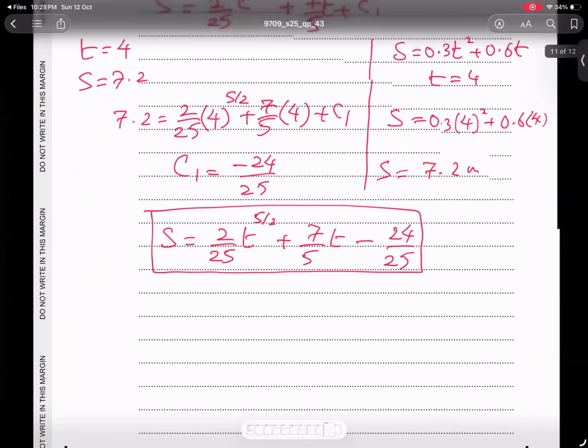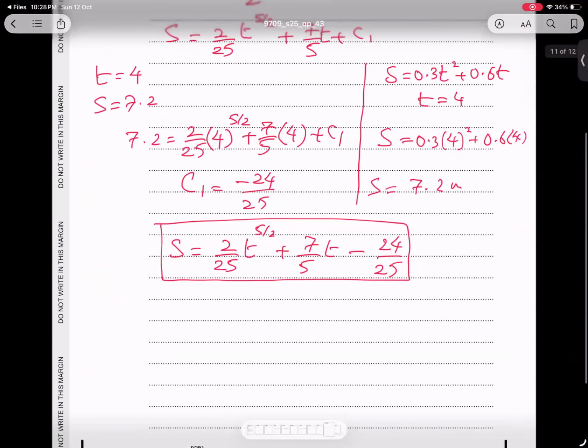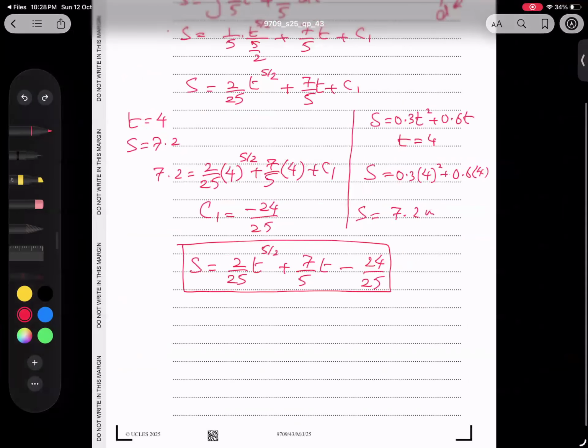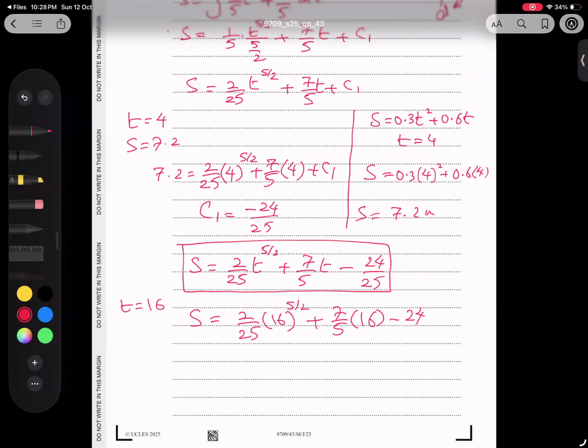So because we're looking for displacement at time t equal to 16, let's try to do it. I replace every t by 16: 2 over 25 into 16 to the power 5 by 2, and 7 over 5 into 16, and negative 24 over 25.